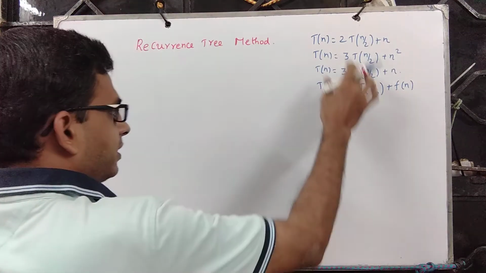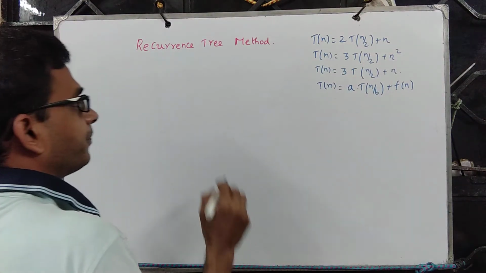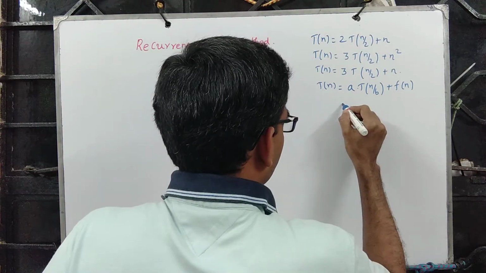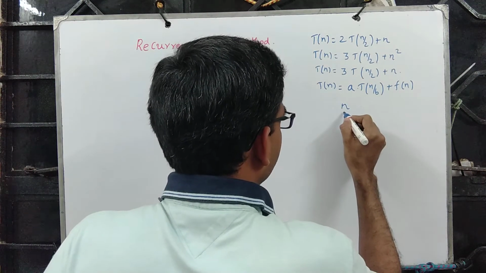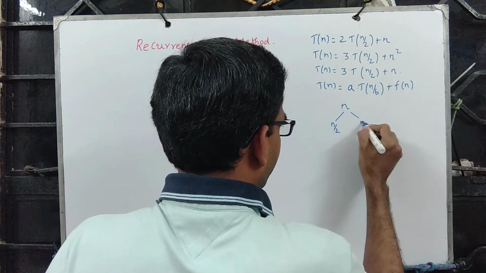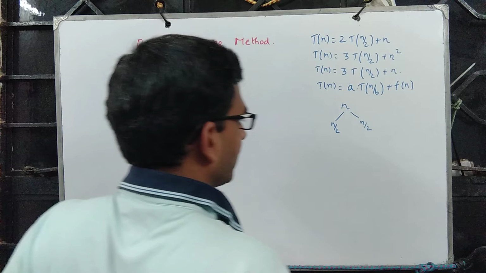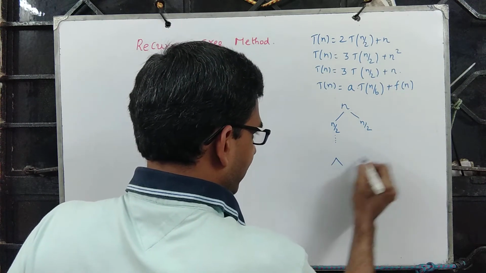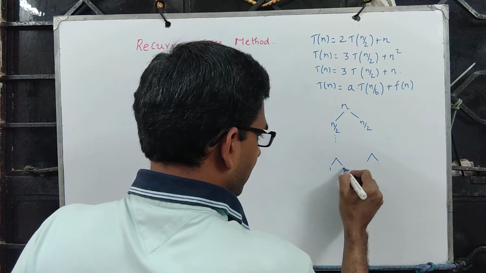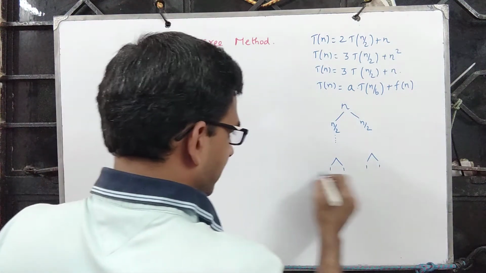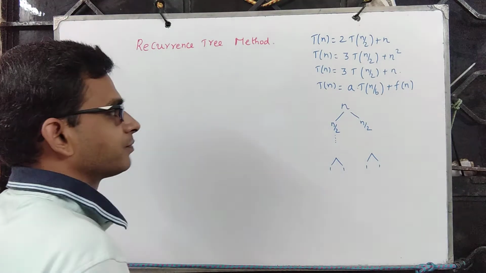So all this, if you see, there are a couple of interesting things. You have a problem of size n. In the first case, we create two subproblems n by 2, n by 2, and then we keep doing this. After a while, we hit T of 1 subproblems, or we reach leaf nodes.